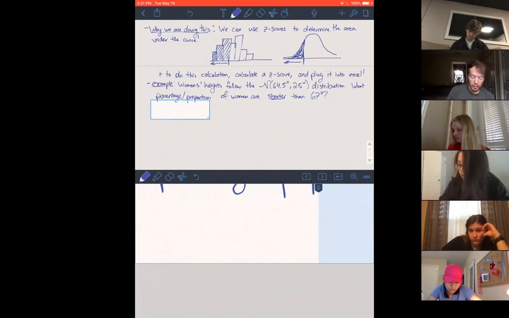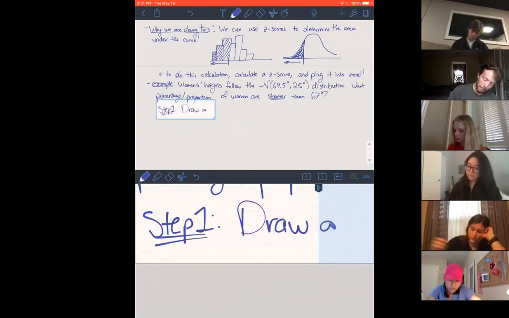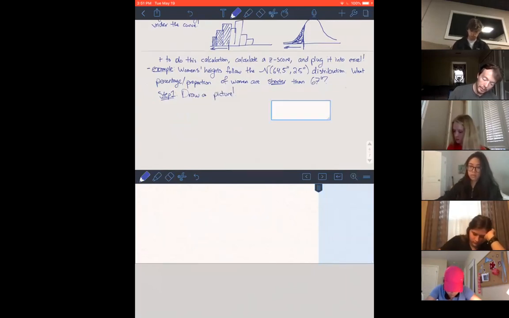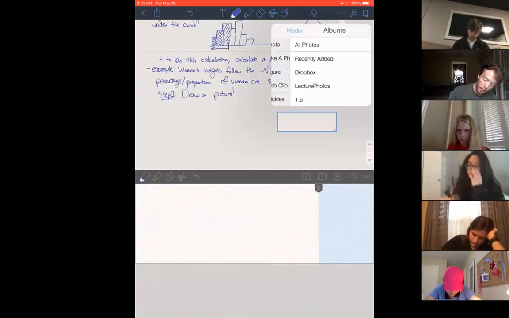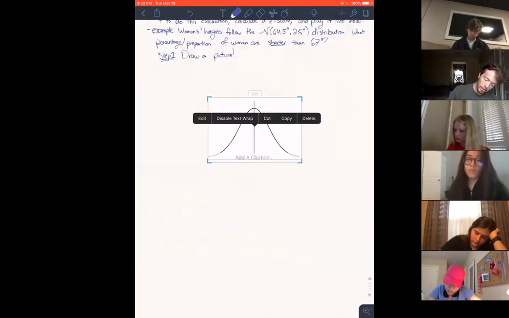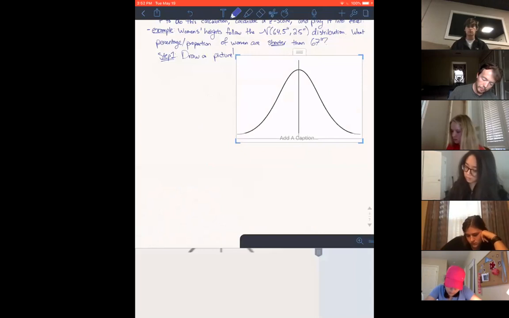It is an area under the curve problem, and I will motivate that with our very first step to solving problems like these, which is draw a picture. So we want to know the proportion of women, I guess women identifying people, who have a height less than or equal to 67 inches. So we'll start by drawing our normal curve.